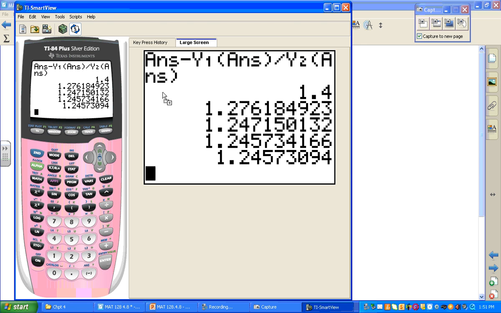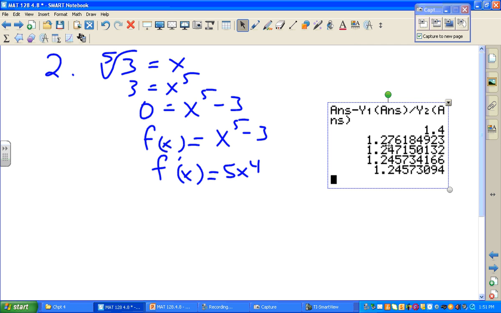You can write down your pattern and then stop right here, because you have 4 decimal places of accuracy right there, 1.2457. Because it matches the one above it, this confirms it. When you get one that matches, that's where you stop. So this would have been 1, 2, 3, 4 iterations.